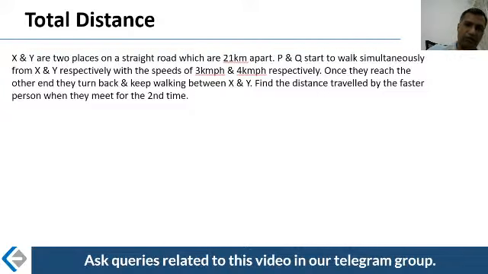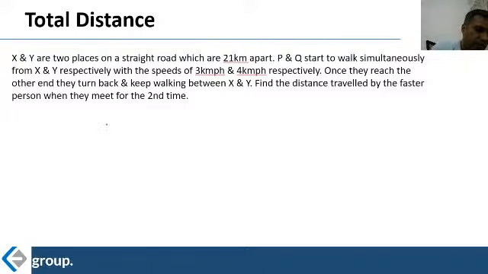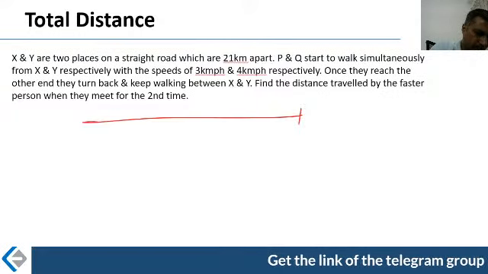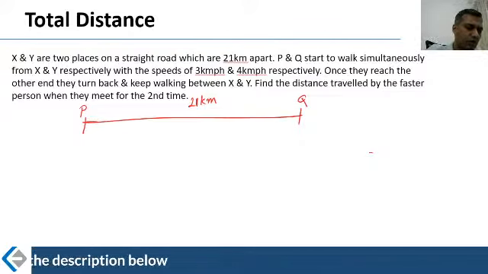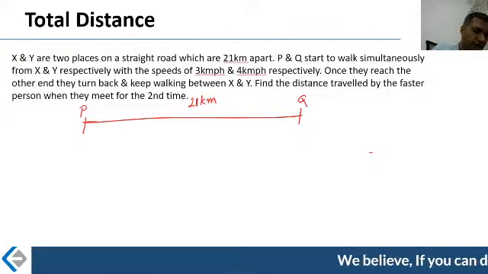Okay, just be a little mindful about this. What is this trying to say? It's pretty simple, so let me draw a line diagram to illustrate this. On a straight road which is 21 kilometers apart, the total distance is 21 kilometers. P and Q start walking simultaneously from X and Y respectively.